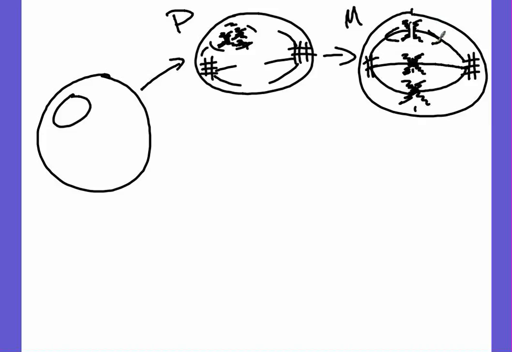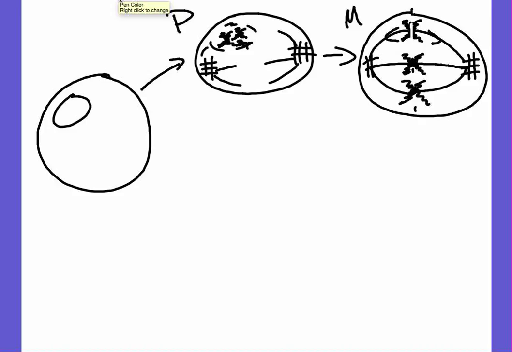I can't have those running into other chromosomes along the way, or else they're going to get tangled up, or else there could be some damage that results from that. So I line up all the chromosomes in the middle so that I can avoid that problem. Right? So that would be metaphase, keyword middle. You're just looking for chromosomes lined up in the middle of the cell.